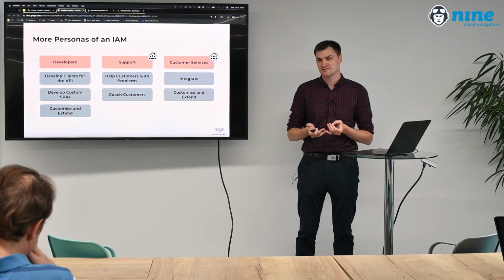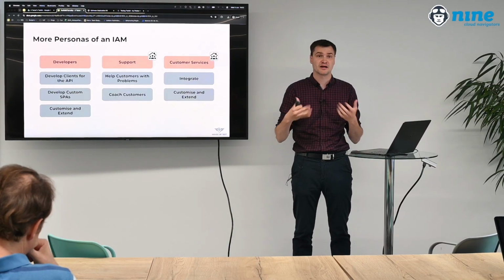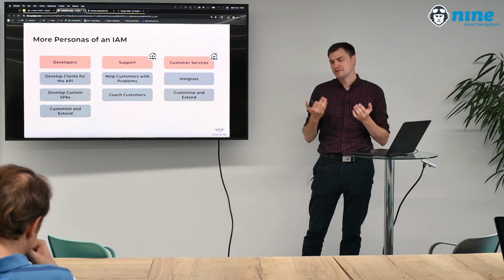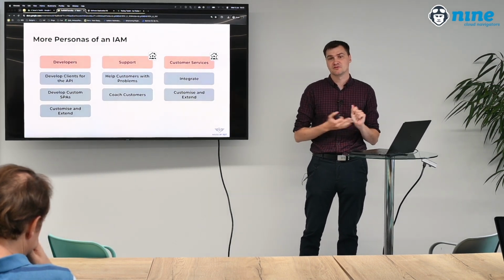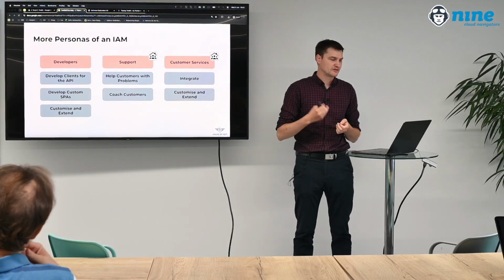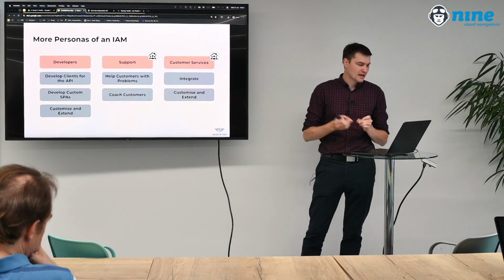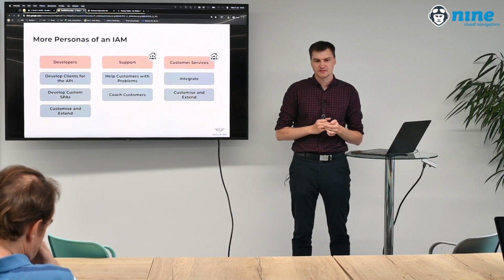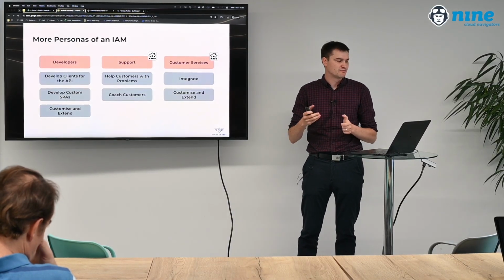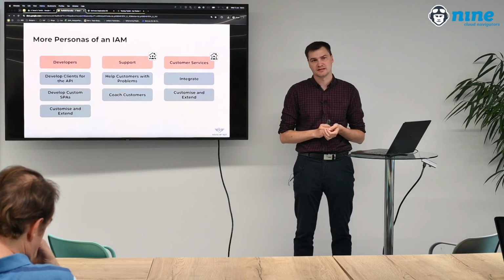Otherwise, if you don't have that, it's really hard and costs a lot of money, time and effort to help them. And maybe they also want to coach the customers. They want to have documentation on how the product works and how to use it. And maybe you even have customer service who does the integration for the customer, and has even more capabilities to customize and extend this.